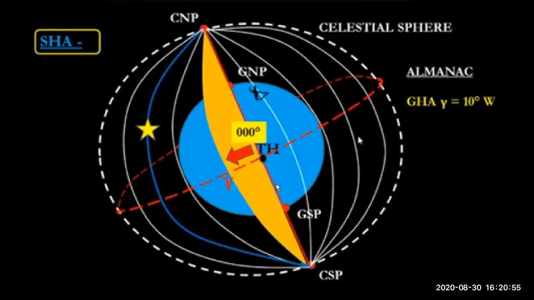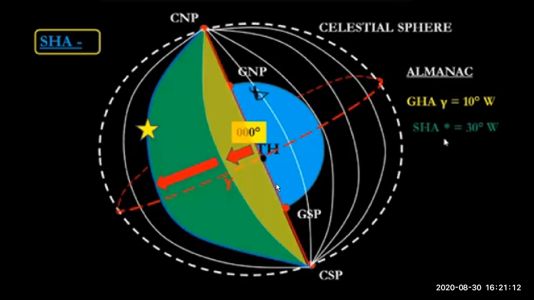So Aries is not exactly at Greenwich. GHA of Aries is 10 degrees west. Now from the almanac, I can find out that the SHA of a particular star is 30 degrees west. That is, from the first point of Aries to that star is 30 degrees west.